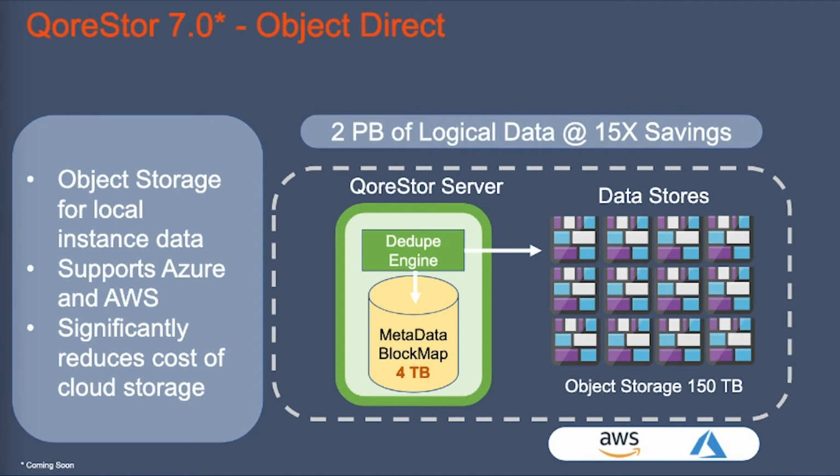You could spin up a small Core Store server, so it's effectively a virtual machine, where the deduplication engine is going to run inside and give you all the protocol access. And we have a small requirement for some disks, so 4 terabytes worth, if we want to keep some metadata and block mount. We have to store that somewhere.